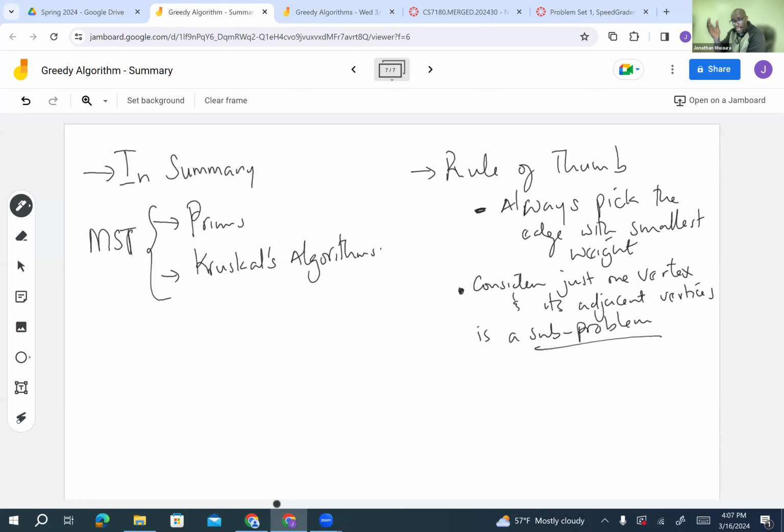Essentially, just creating one edge of the tree is a sub-problem. In our case, then, our belief is that a locally optimal solution will lead to a global optimum.